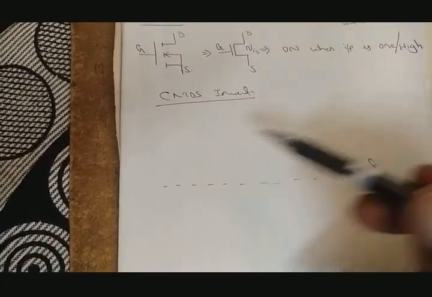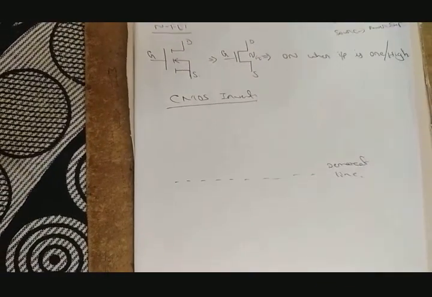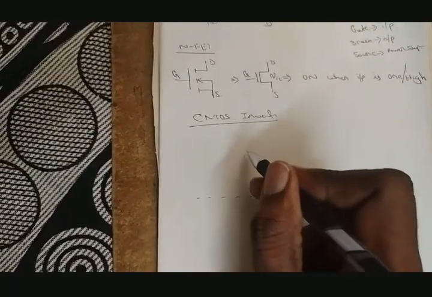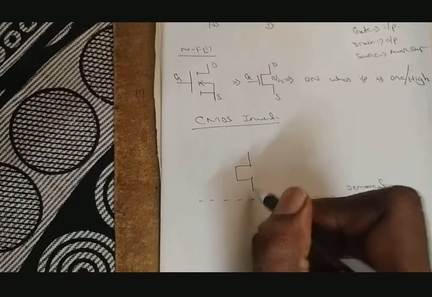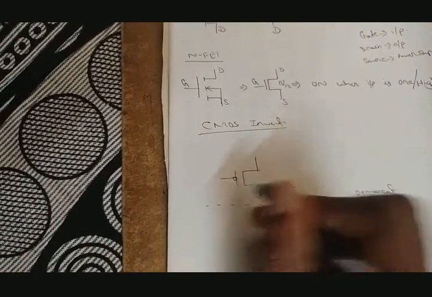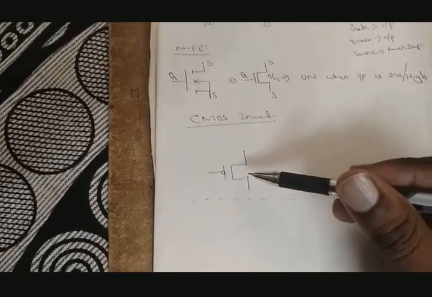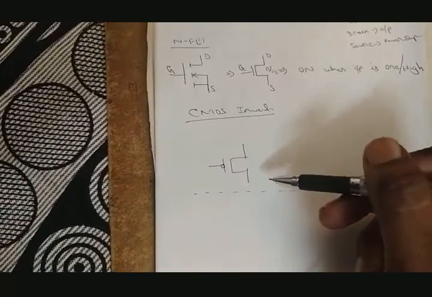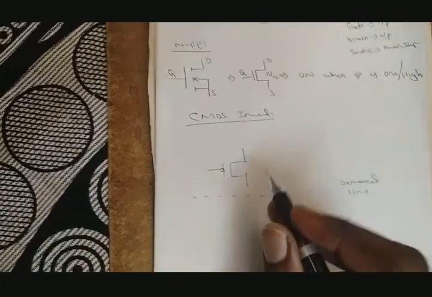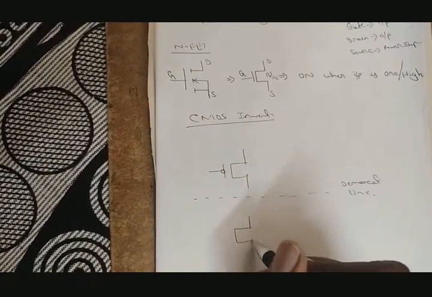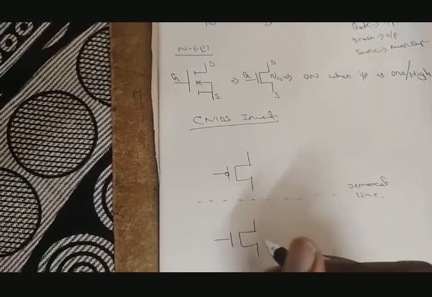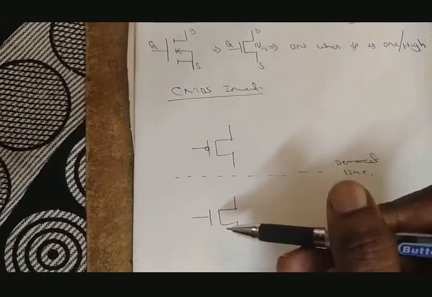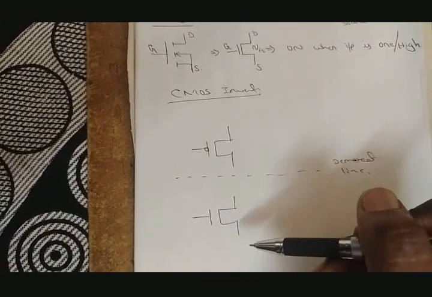So this differentiates the PFET from the NFET. Always the PFET should be placed above the demarcation line, since it's a logical high device, and the NFET should always be placed below, as it is a logical low device.